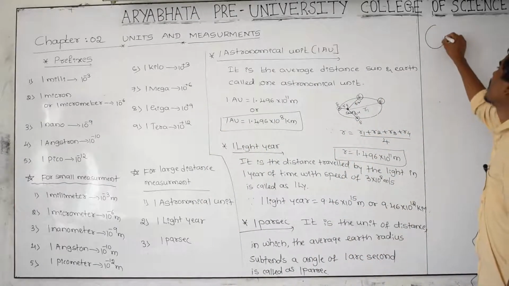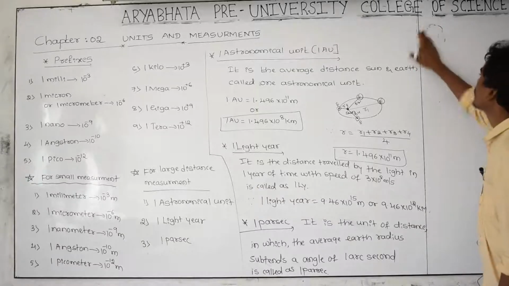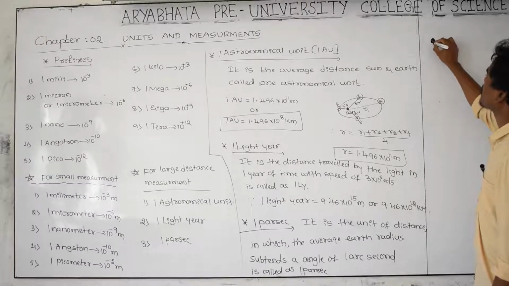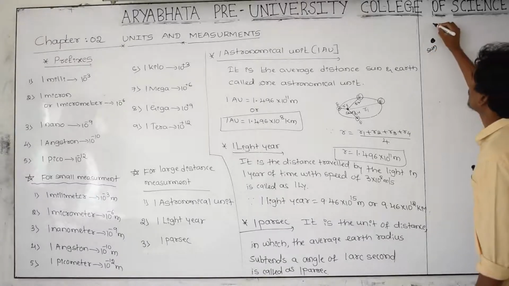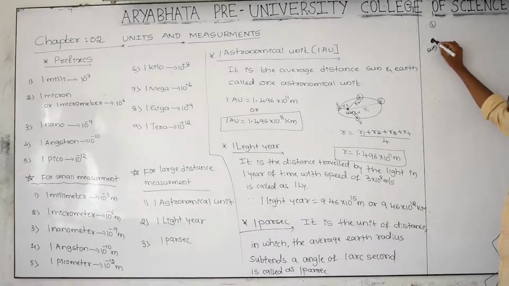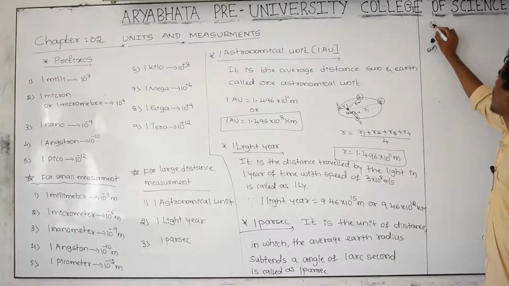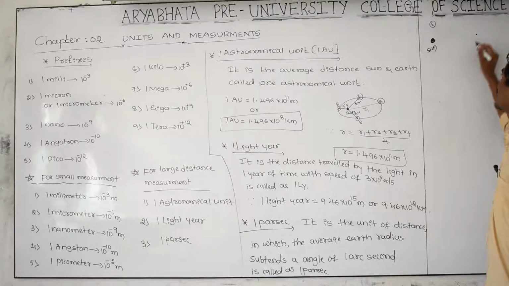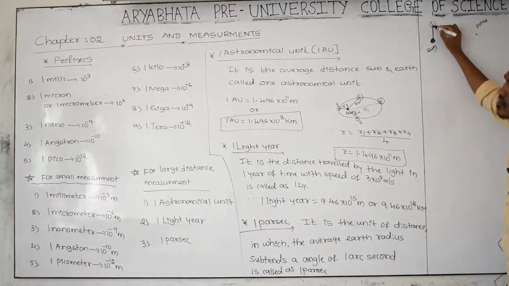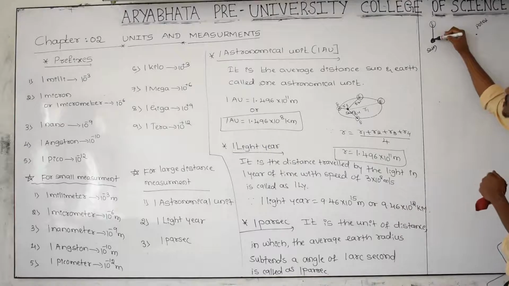Let us take this as the position of the sun, and this as the position of the earth. Here I am taking one reference point. This is not the radius of earth; this is the average distance between sun and earth, which I am taking as r.